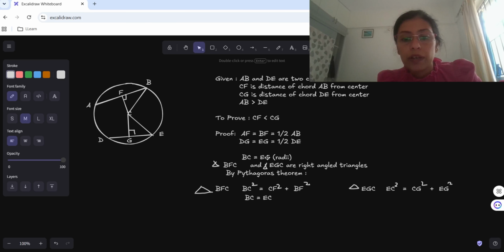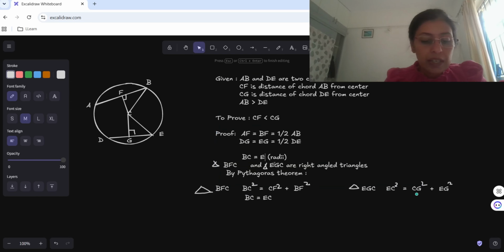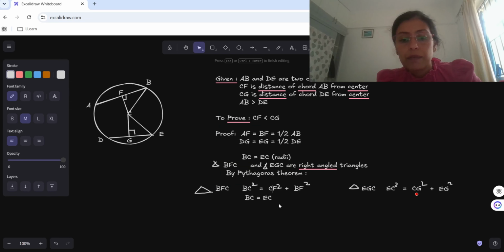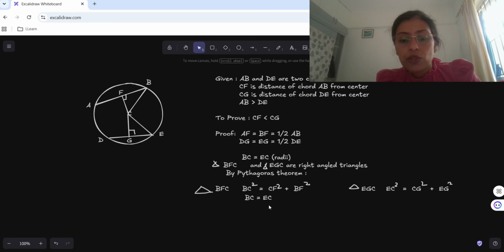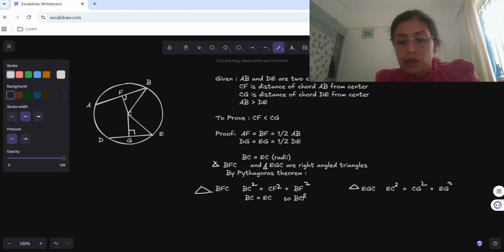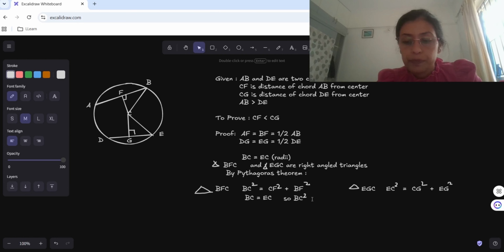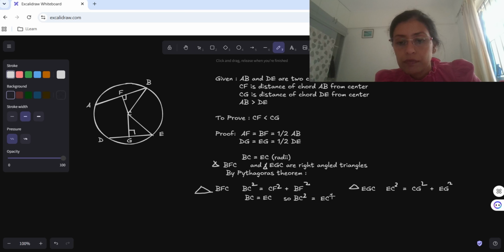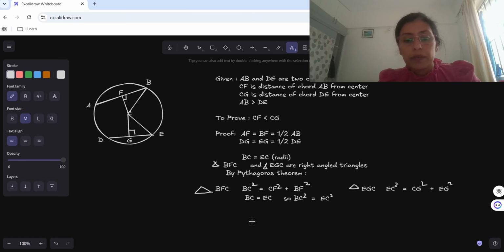Oh, here by mistake I have written G. It is C. Okay, they are radii of the circle. So BC square will be equal to EC square.